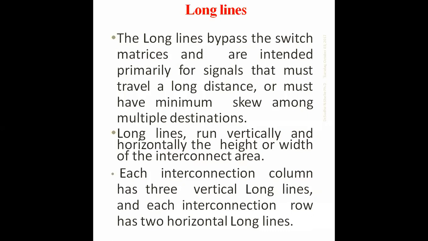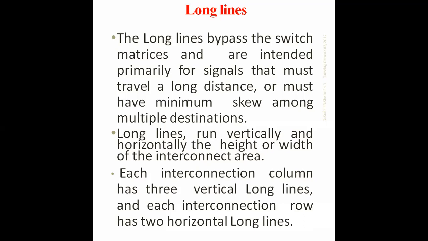Next is the long line. The long lines bypass the switch matrix and are intended primarily for signals that must travel a long distance, and most have minimum skew among multiple destinations. When you have multiple destinations, we use a long line.